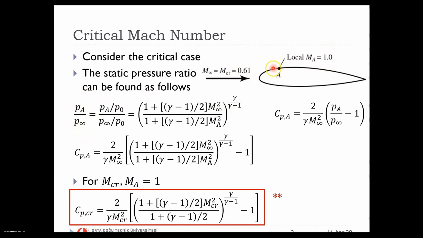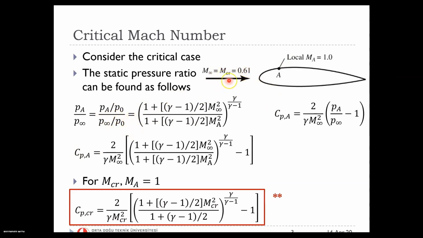First of all, we may represent it in the form shown here. In the denominator we have PA over P0, which is the local static pressure in ratio to the total pressure, and here P infinity over P0 is the static pressure of the free stream divided by the total pressure in the free stream.